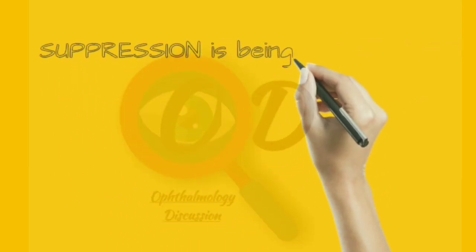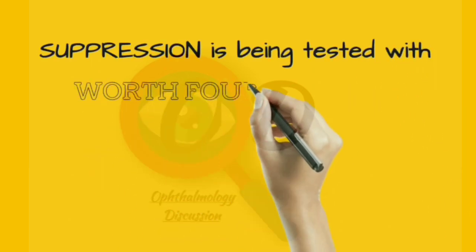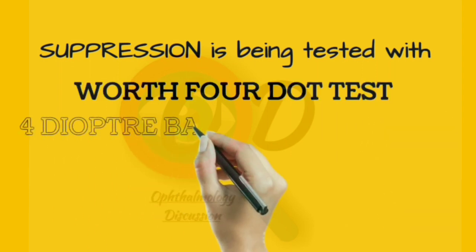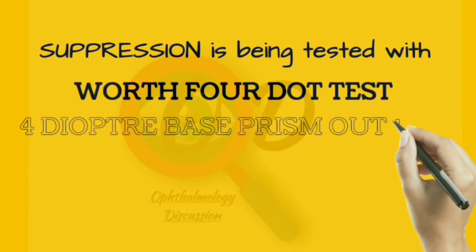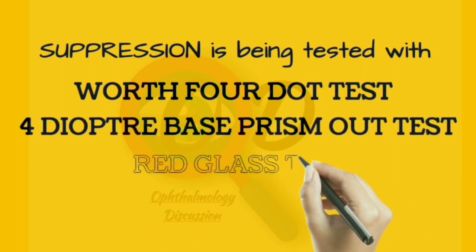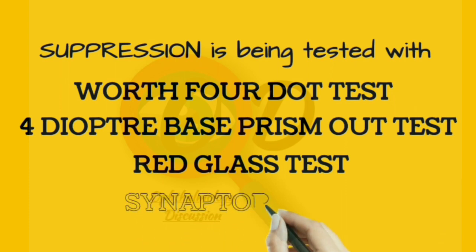So these are the things we need to assess for binocular single vision. Suppression is tested with the Worth four dot test, the 4 diopter base out prism test, the red glass test, and the synoptophore. These 4 tests examine the suppression in a patient.